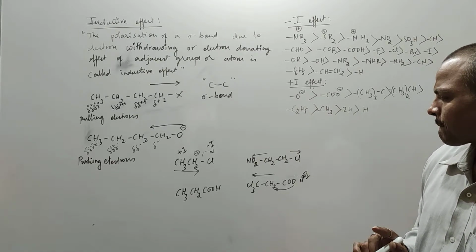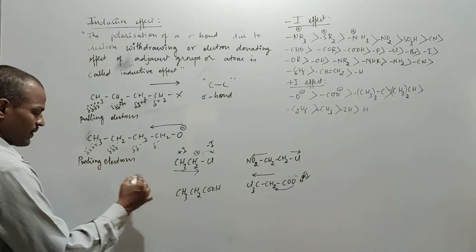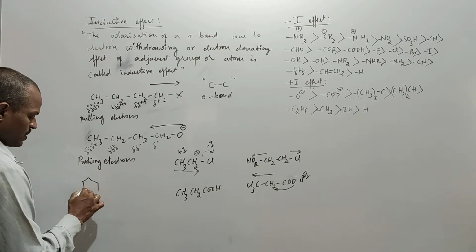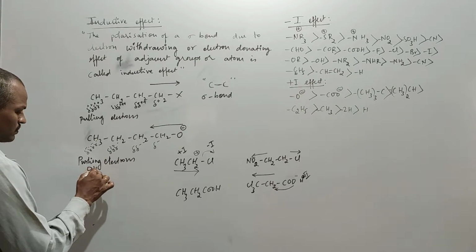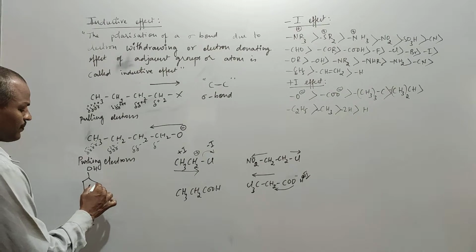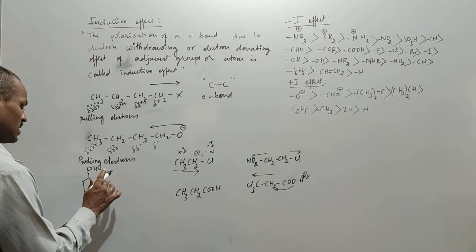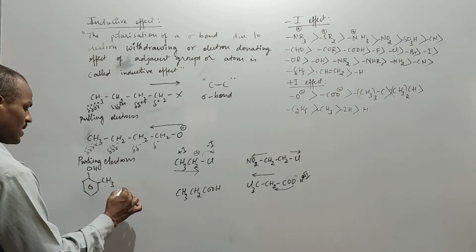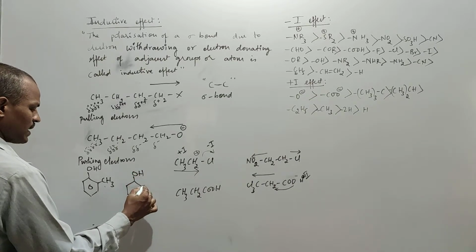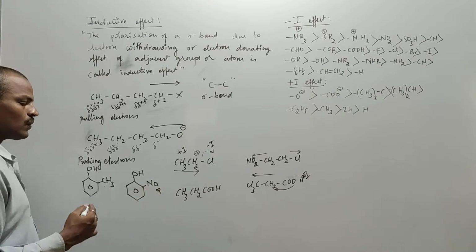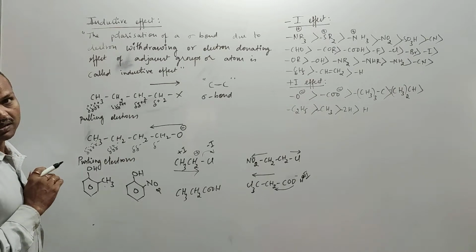Now if you see the last group, for example phenols, let me take CH3 and OH, and NO2. Which is more acidic in nature?